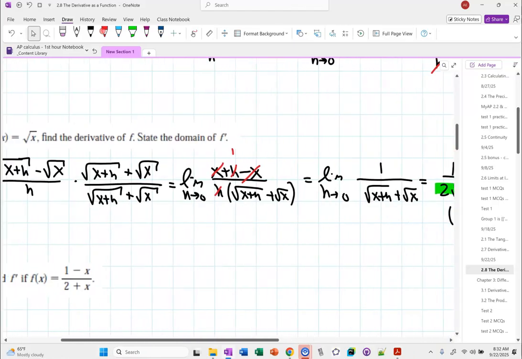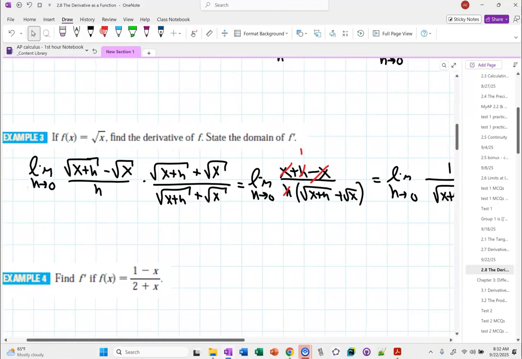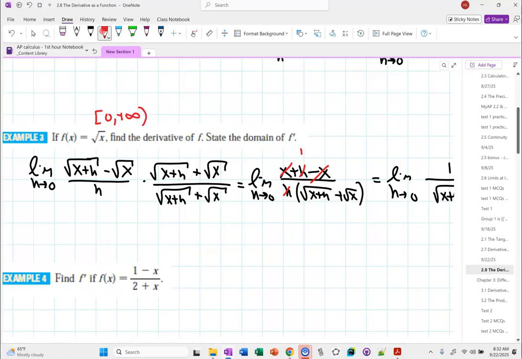But what was the domain for f? Right? What do you notice? They're different. They differ by exactly one number, but they're different. So apparently at 0, the derivative fails to exist.